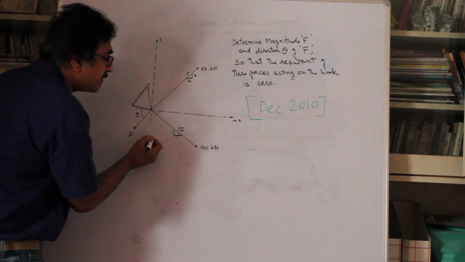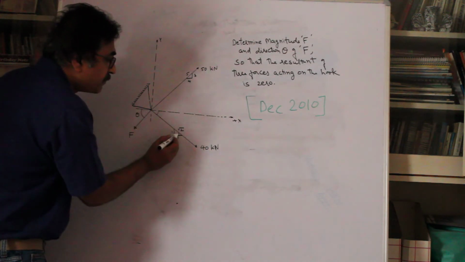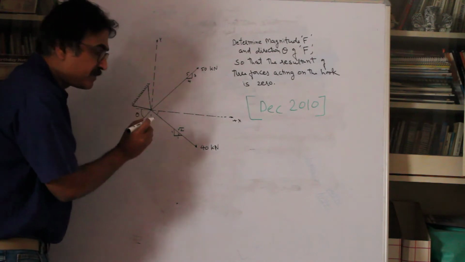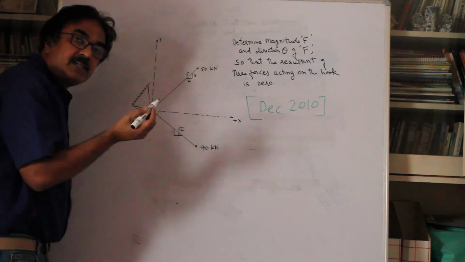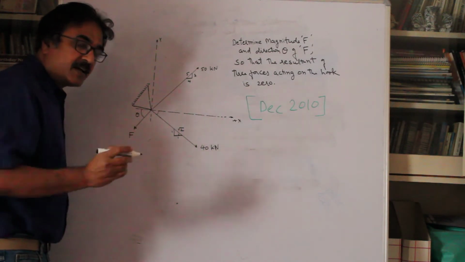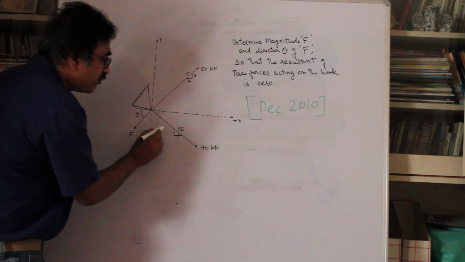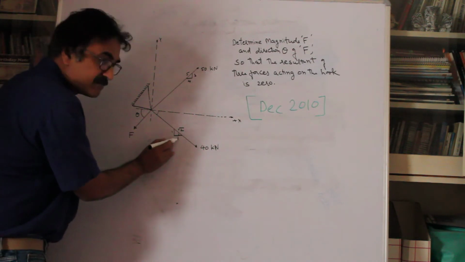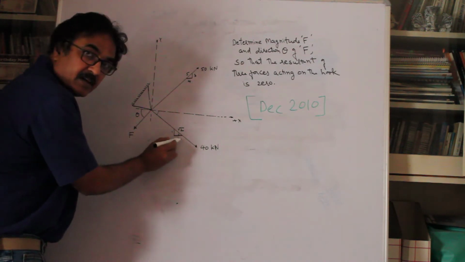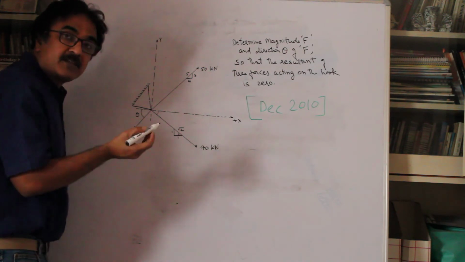This angle is also equal to this angle. You can see this line and these two lines are parallel, so this angle and this angle are the same. So if you find out this angle, you can immediately say that this is 1, this is 1. Whatever this angle is, let's say alpha, tan alpha is going to be 1 by 1, y by x, opposite upon the adjacent. So y by x, that is 1.